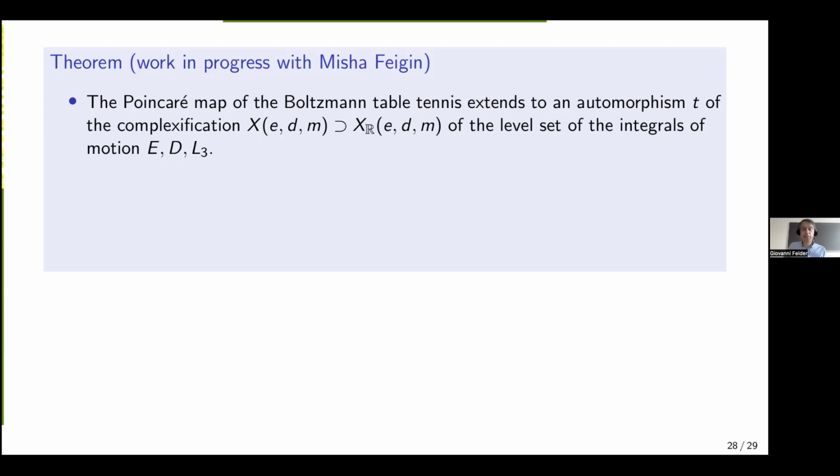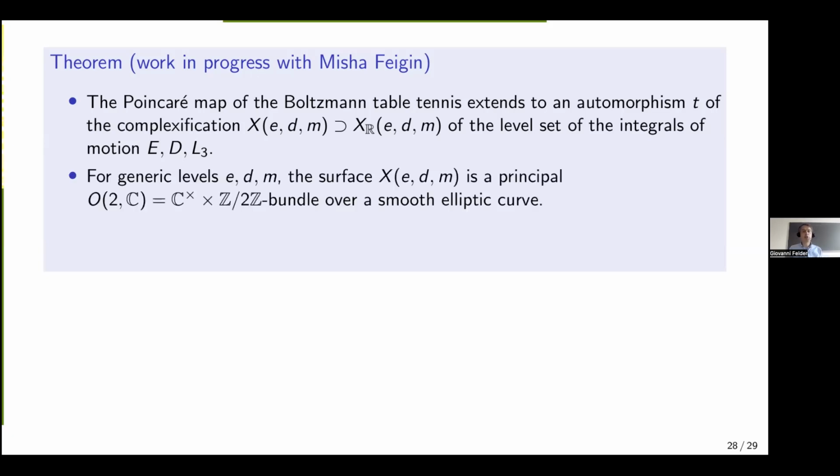And so then it extends to a homeomorphism of this complex surface X, with these 3 parameters E, D, M, which are the values of the integrals of motion. For generic levels E, D, M, this surface is smooth, and it's a principal bundle over a smooth elliptic curve.